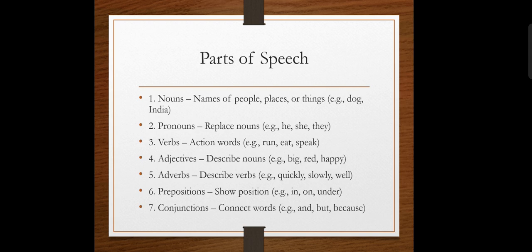And we have preposition. So the word itself says pre, position. Prepositions are words that show the position, like in, on, under, at, just like that. And we have conjunctions. Conjunctions are words that join or combine sentences: and, but, because, etc. And there is one more, that is interjection.